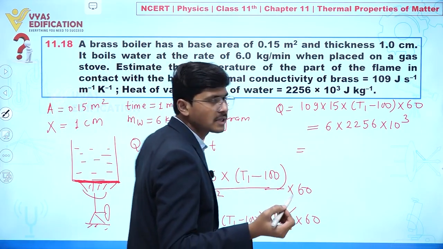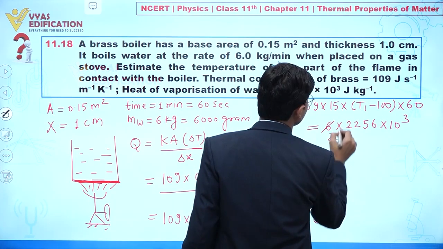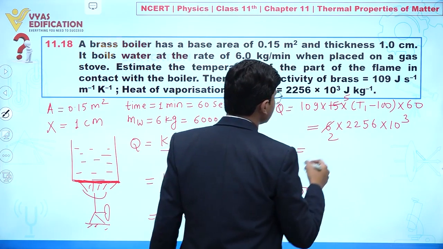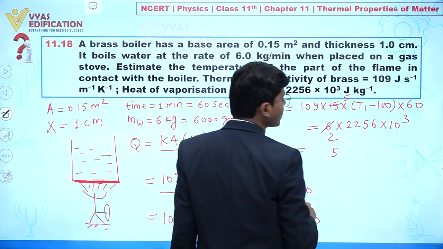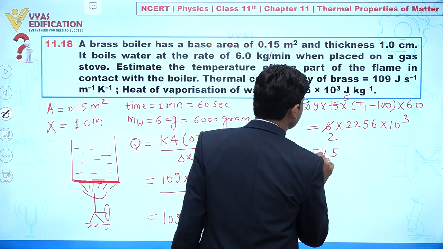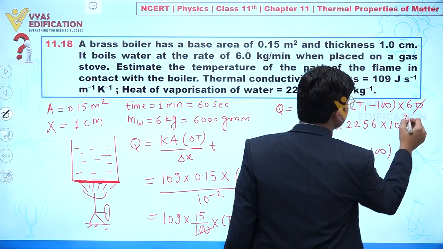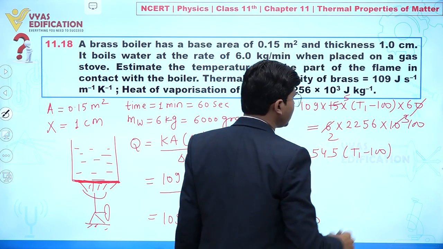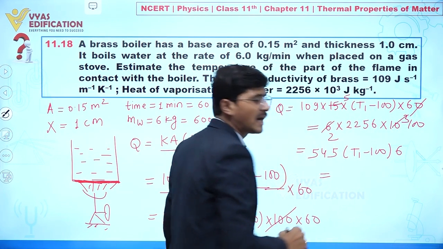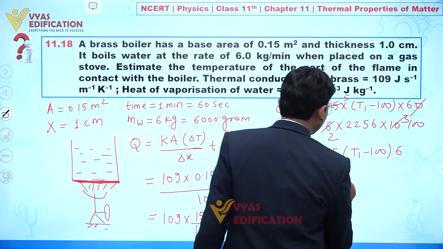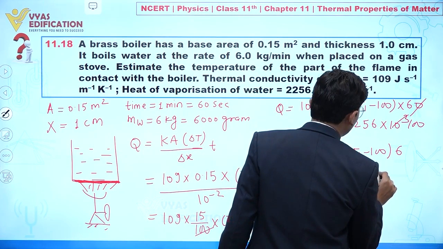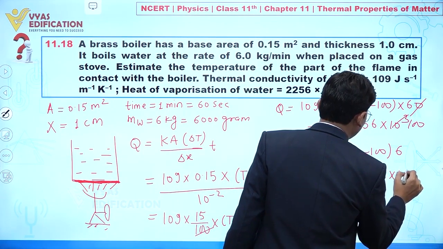Or you can also do some calculation, this is 2, this is 5, clear. So 5, so we can say this is 45, we have 4, and this is 545, clear, and this is T1 minus 100 and 10, and this one is cancelled out, clear, multiplied with 6, and this should be equal to 2 into 2256 into 100, clear.